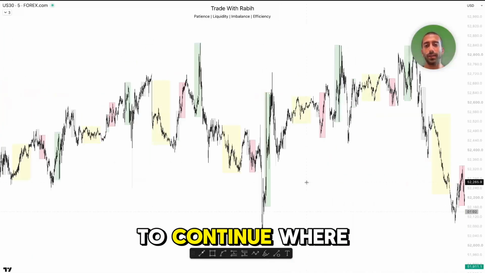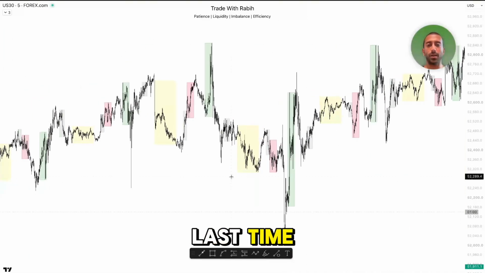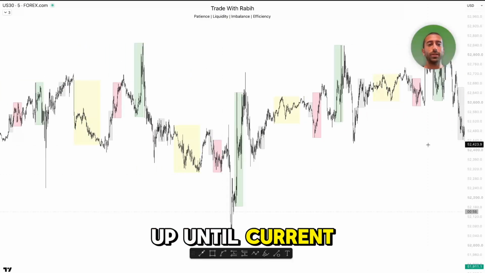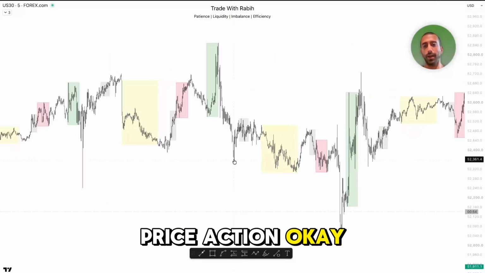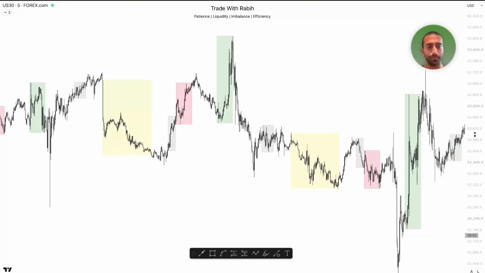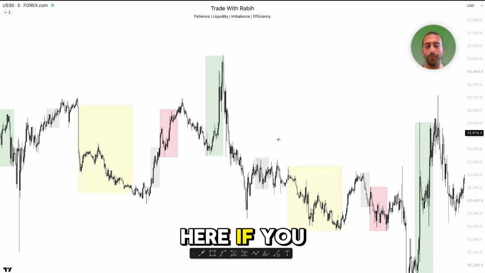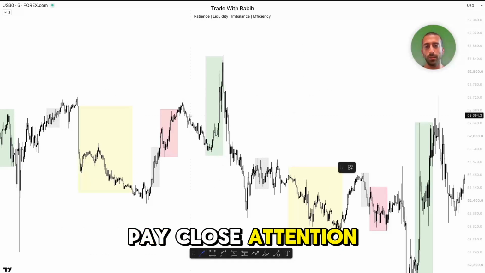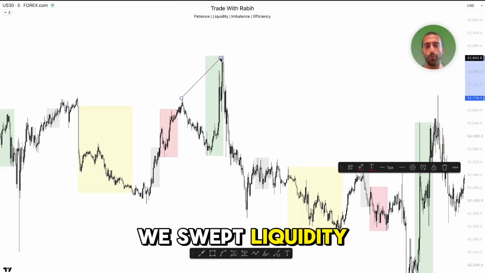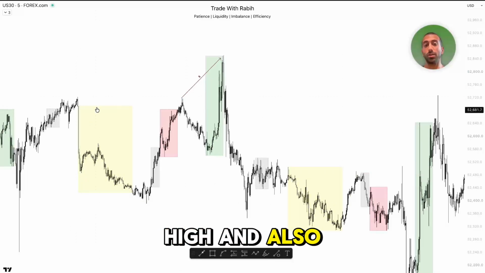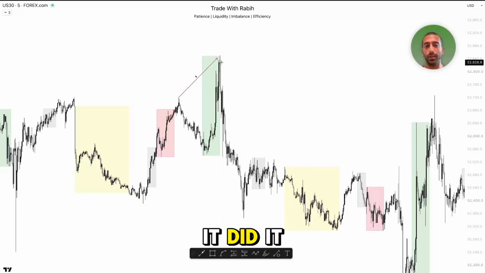Okay? Now, we are going to continue where we left off last time. Still from July 13th up until current day price action. Okay? Now, here, if you pay close attention, here we swept liquidity. Price took this high and also this high, and look what it did. It broke structure.